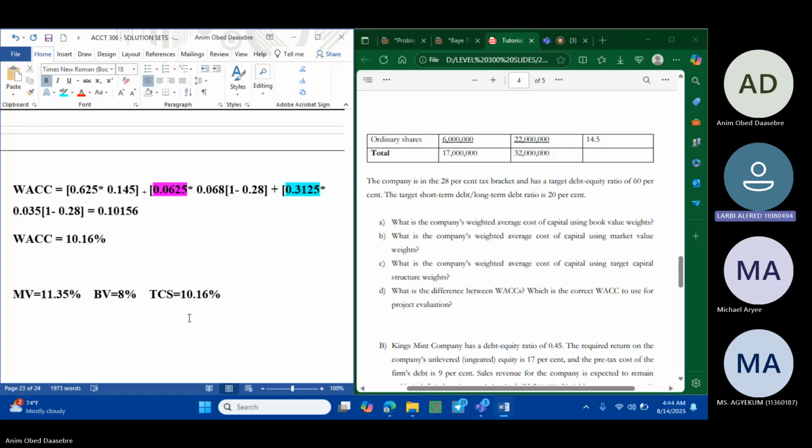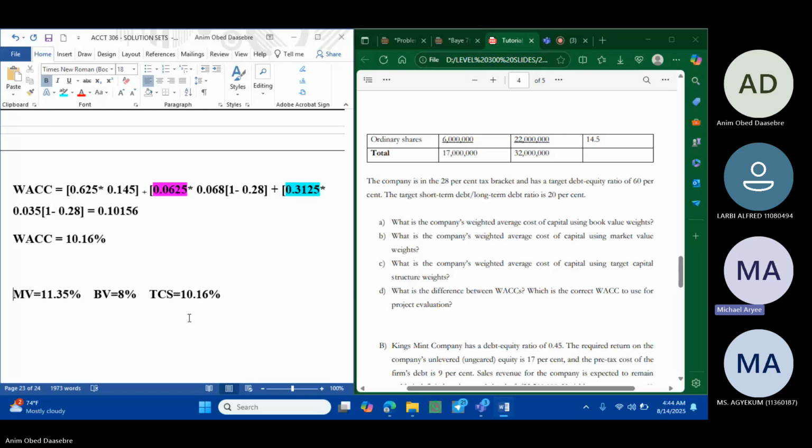It should be the market value. Why? Hello, sir. Maybe I'll say the market value too, because the market value is using the current market prices, the current cost of capital on the market.